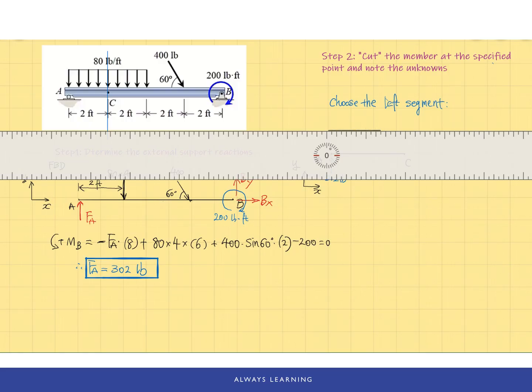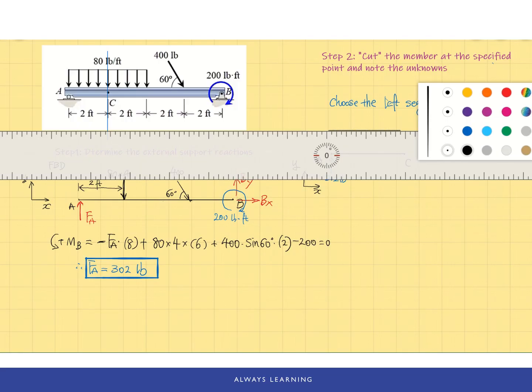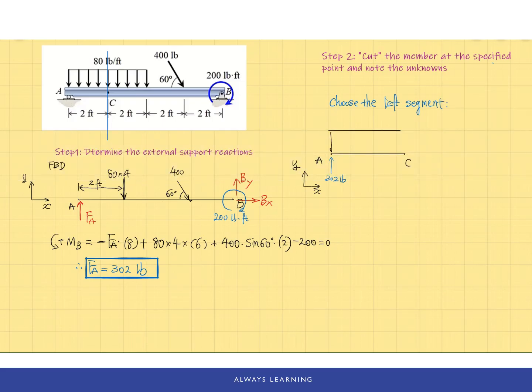This is the left segment, and I'm going to reduce the distributed load to one concentrated load in a little bit. This segment has a length of 2 feet. Those are the only applied forces on this left segment.